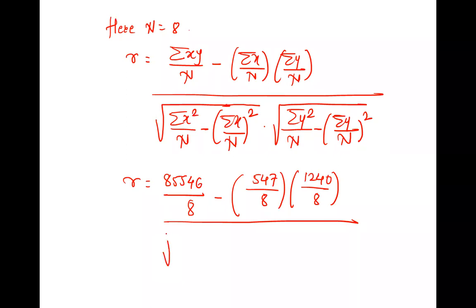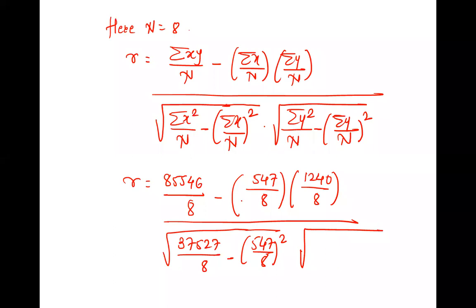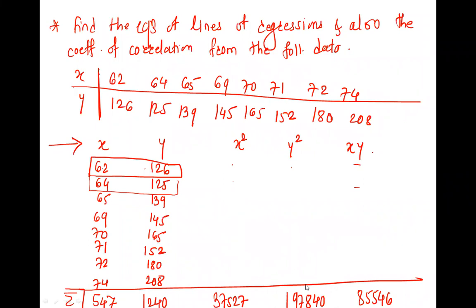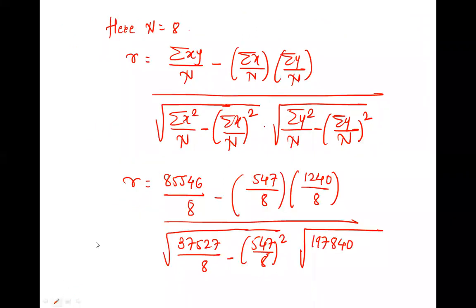Upon under root summation x square, 37527, upon 8 minus summation x upon 8 bracket square, into under root summation y square. What is that? 197,840. You can check. Summation y square upon n, which is 8, minus summation y upon n bracket square. Summation x upon n is here, so I'm just copying this and writing square. Summation y upon n is here, I'm copying and writing square to it.